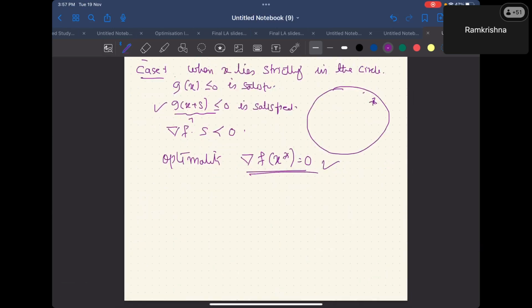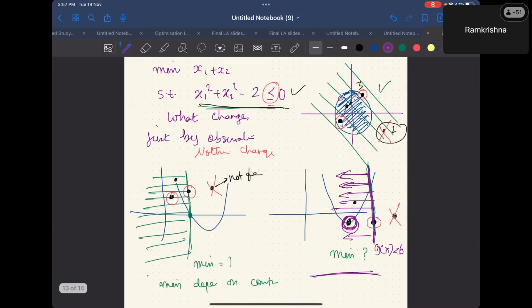Now, exciting things will happen in case 2, when x lies on the boundary of the constraint. That is, I'm looking at g of x equal to 0. Or in this case, x is lying on the boundary of the circle, or x is lying on these points here.